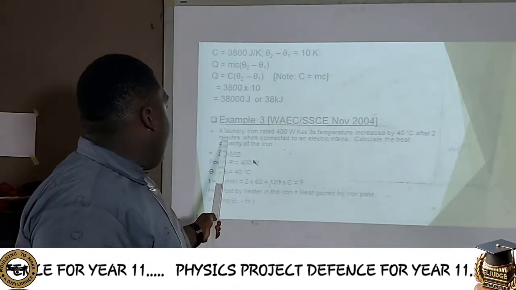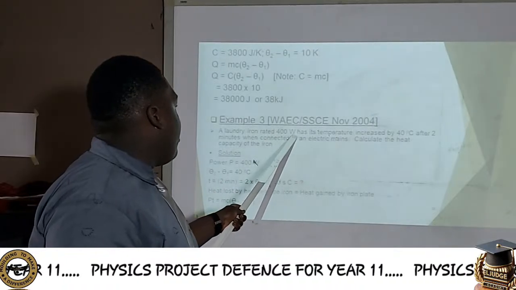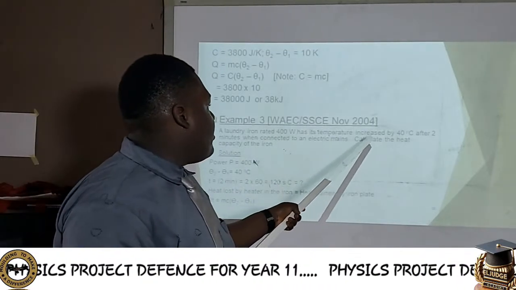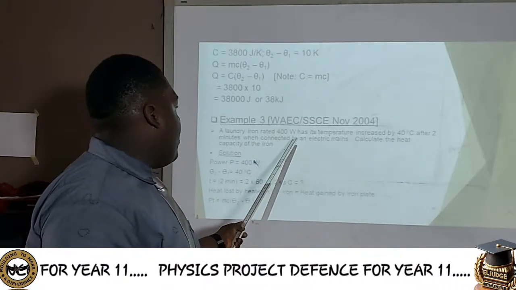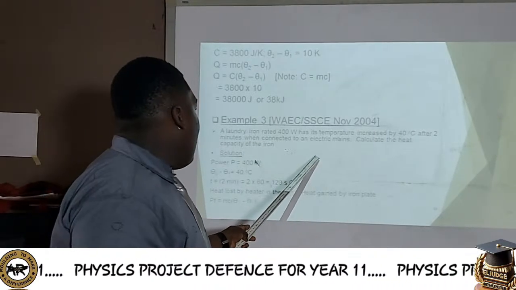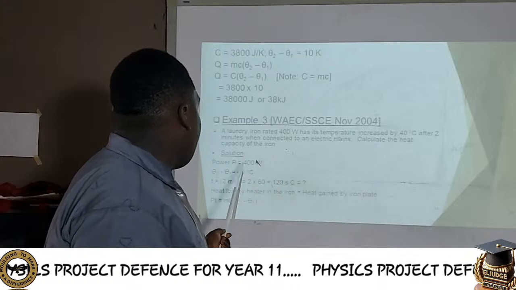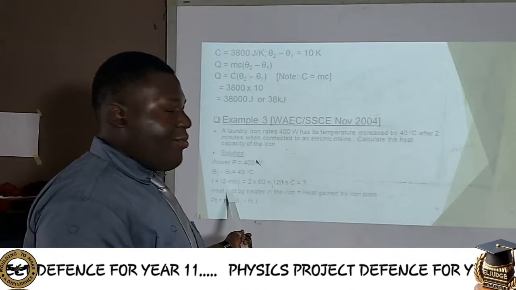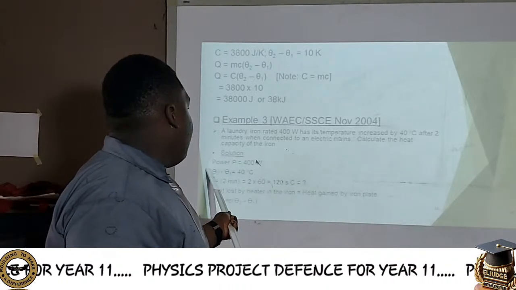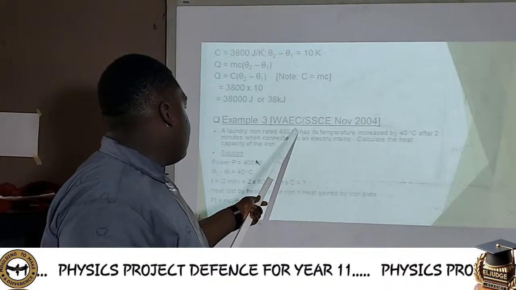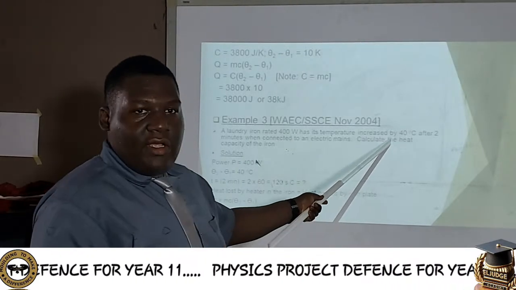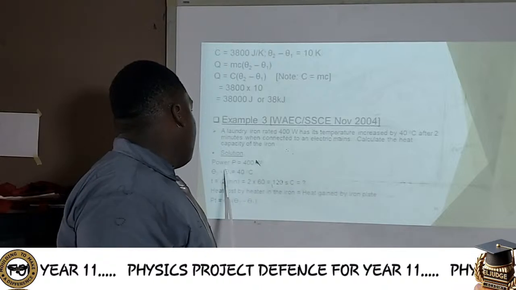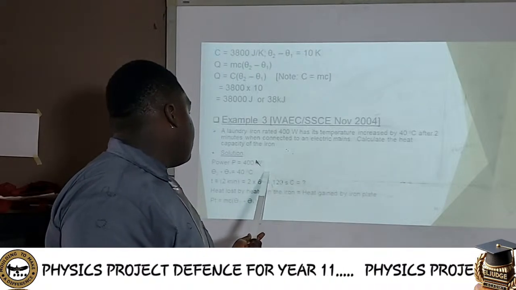Example 3. A laundry iron rated 400 watts has its temperature increased by 40 degrees Celsius after 2 minutes when connected to an electric mains. Calculate the heat capacity of the iron. So first you give out your parameters. P is power, that is 400 watts. Theta 2 minus theta 1: since there is no other theta, you put 40 degrees Celsius.